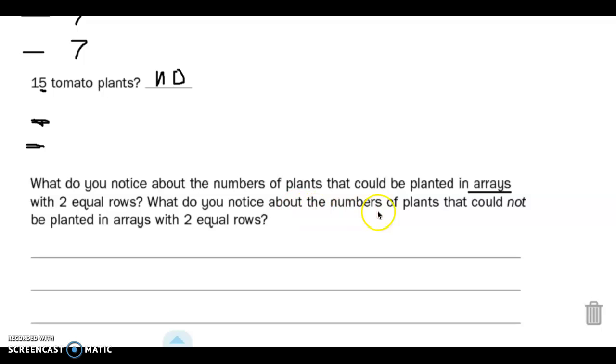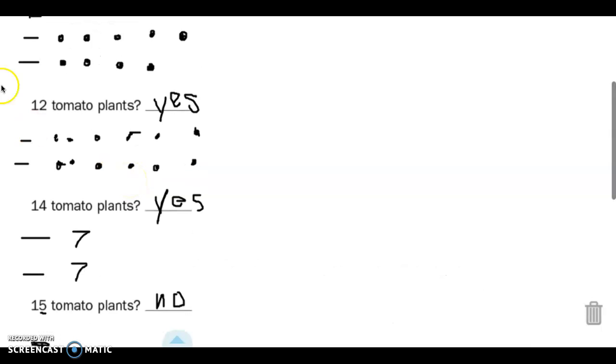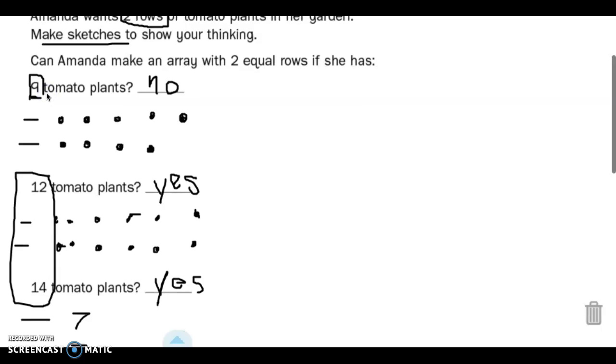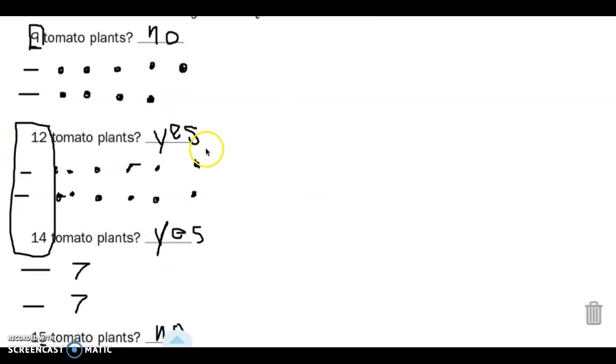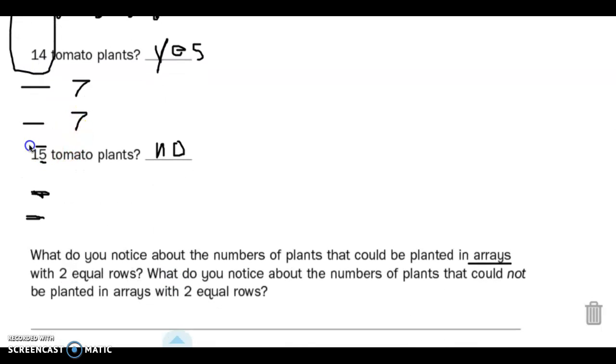What do you notice about the numbers of the plants that could not be planted in the arrays with 2 equal rows? So, first question is, what did you notice about 12 and 14 that could be split into 2 rows? And then what did you notice about 9 and 15 that could not be put in equal rows?